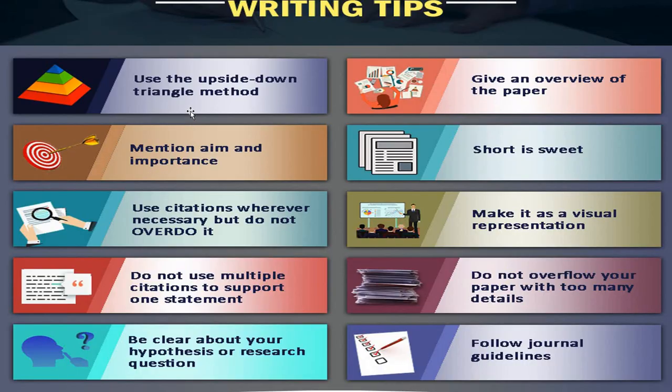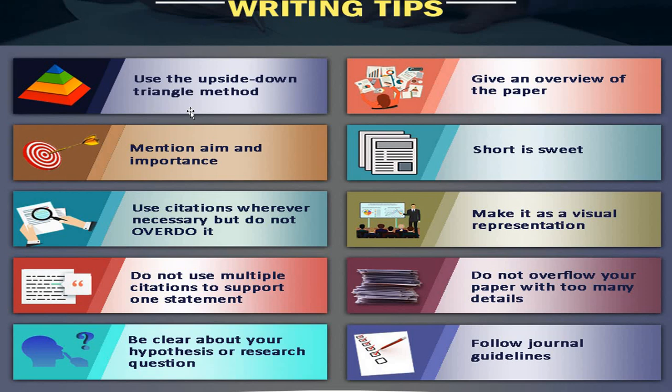Next, use the upside down triangle method. Next, mention the aim and importance and use citations whenever necessary, but do not overdo it. And do not use multiple citations to support one statement.